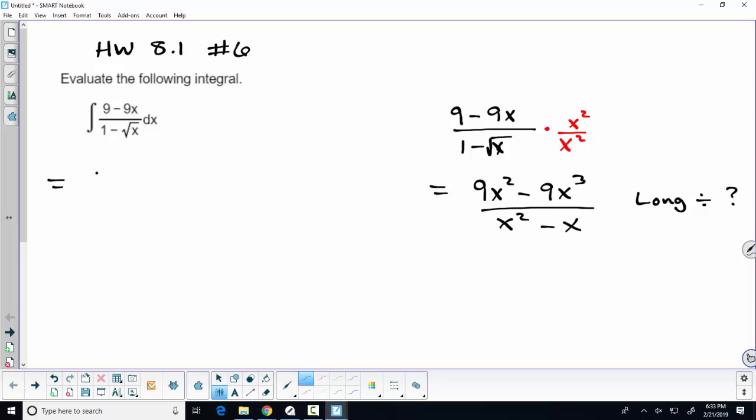What if we factor the top? 9 times 1 minus x.